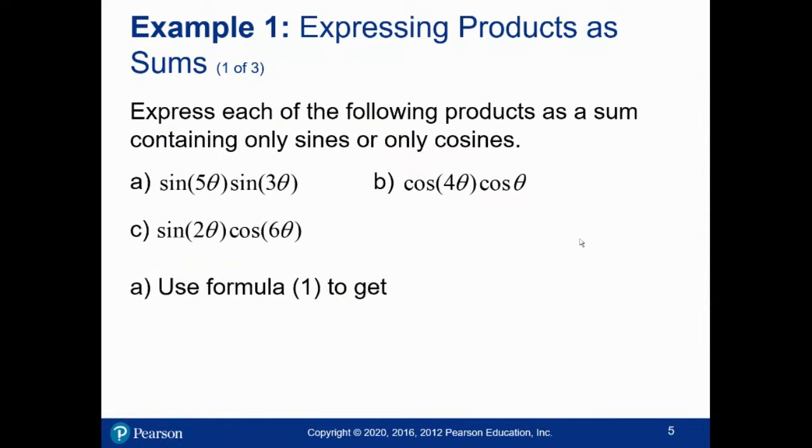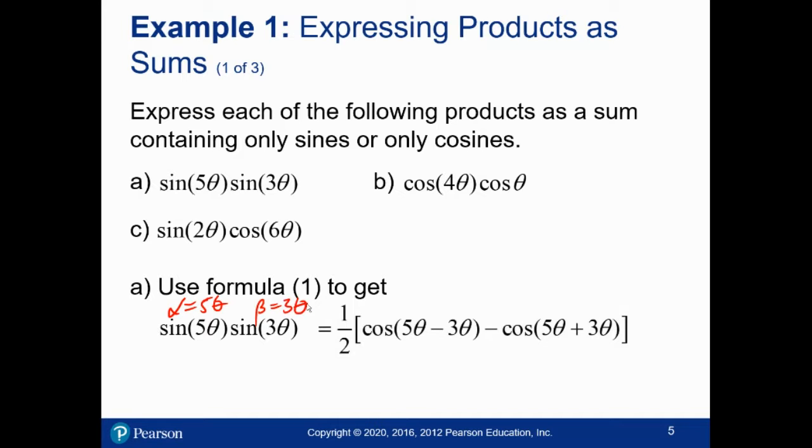So for example, for the first one, okay, let's see exactly what the goal here is. If I use that first formula, the product to sum formula, I can replace the sine of alpha times the sine of beta, letting alpha equal 5 theta and beta equals 3 theta.